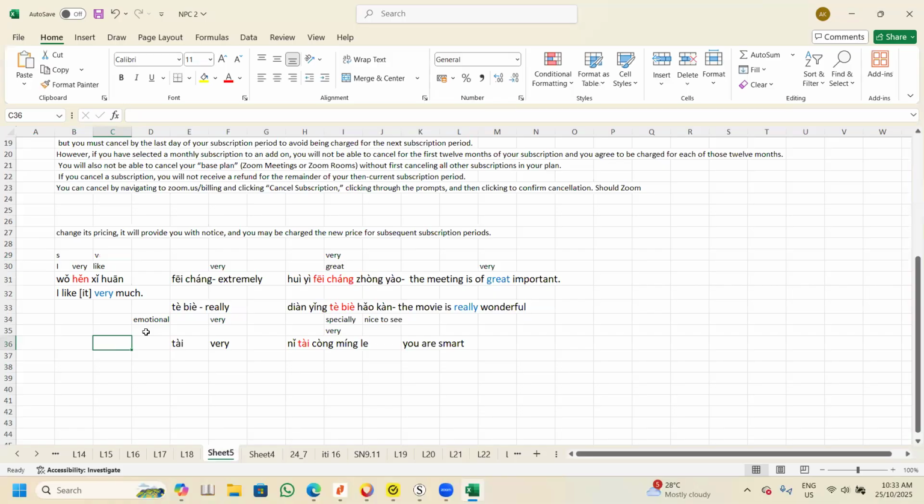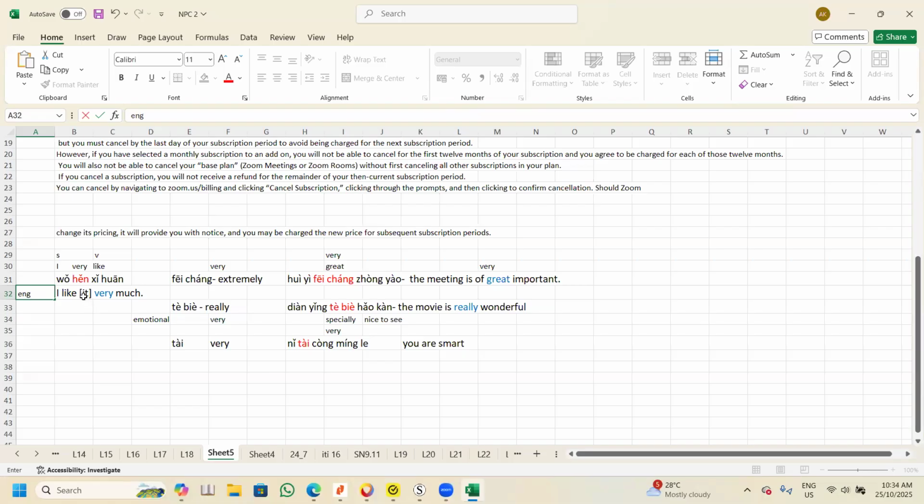There is no object in this sentence. So when you translate Mandarin, it is I very like. This is how the Mandarin looks, which is exactly like our Pali. The moment it goes to English, you see, I like it very much. We have to put a subject, verb, and object. This is the object. We have to insert it in.